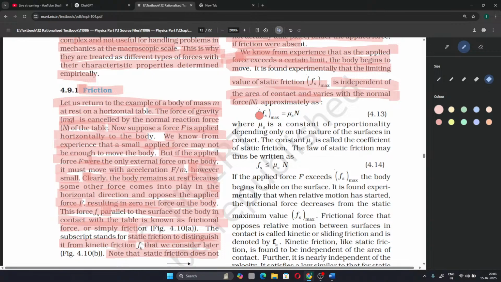In both these cases, if the mass of both the boxes is the same, then the maximum static friction value will also be the same for both of them. It only depends on the normal force of the body.